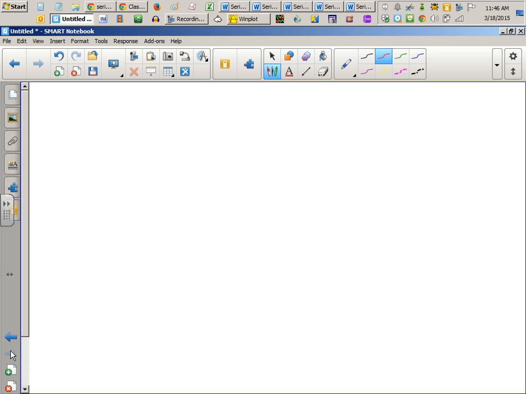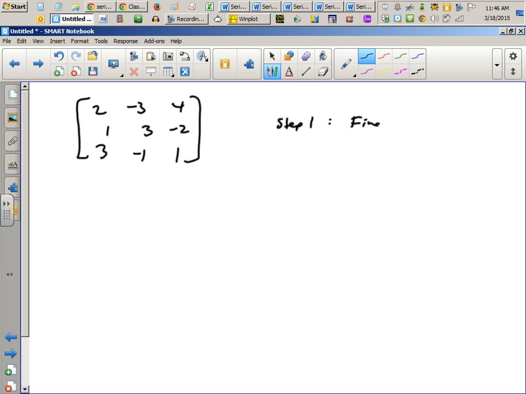All right, here was the matrix that we're trying to invert. Okay, the first step was find the matrix of minors. Matrix of minors. Okay, think parents and children.